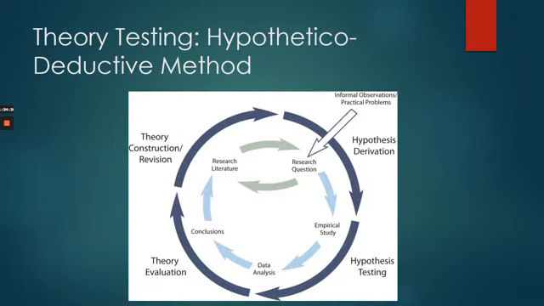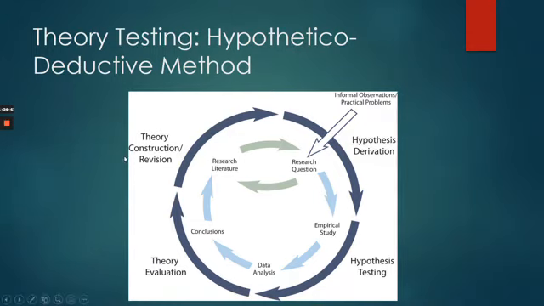And then in terms of this same sort of picture of doing research, we can talk about this as being the hypothetico-deductive method. What does that mean? You generate your hypotheses, you collect data to test those hypotheses, you use the statistical results from those data to make conclusions about the theory.